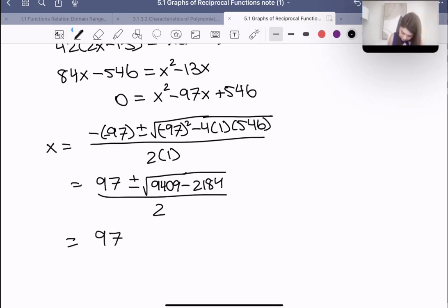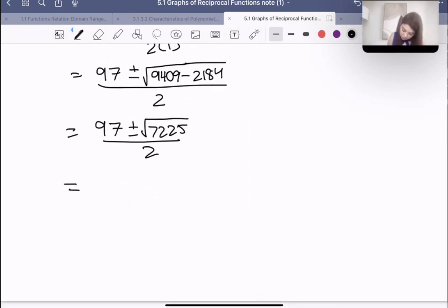So 97 plus or minus root 7225 over 2, which is 85. So actually this would have factored nicely, it turns out, but 85 is such a large number, it may have taken us a while to get there.